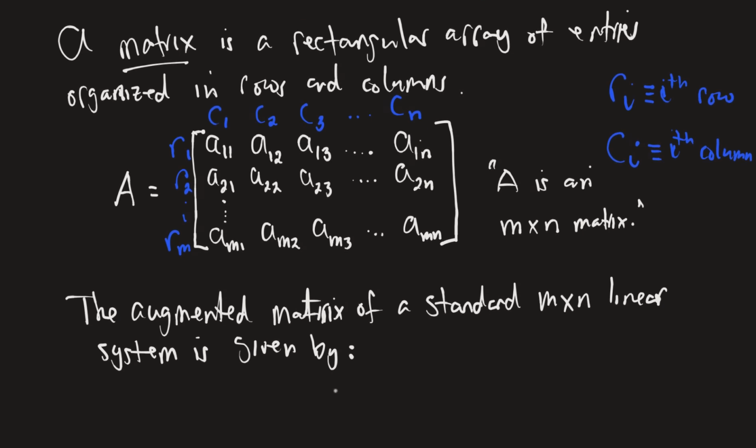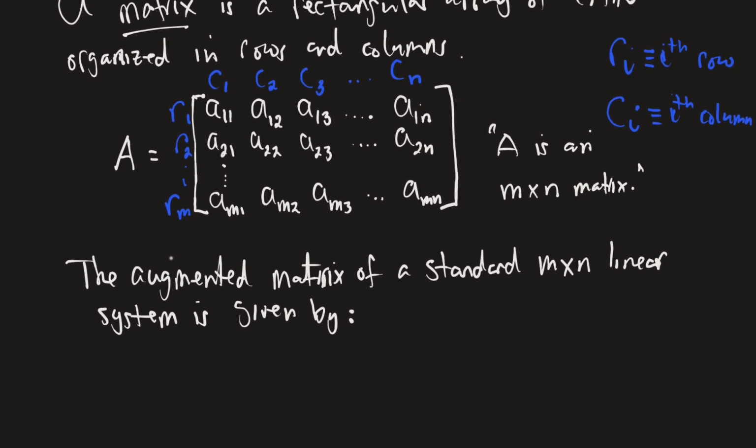Let me show you another notation. We know that A represents these entries arranged in rows and columns.